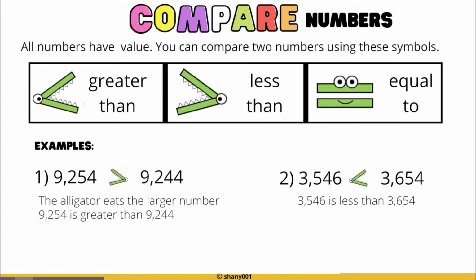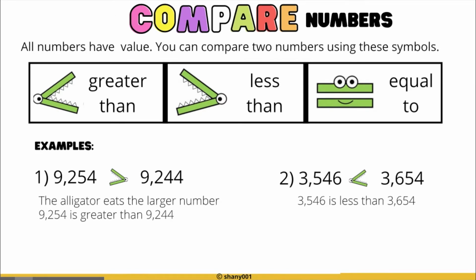Compare numbers. All numbers have value. You can compare 2 numbers using these symbols: greater than, less than, equal to. Let's look at example number 1. 9,254 is greater than 9,244.